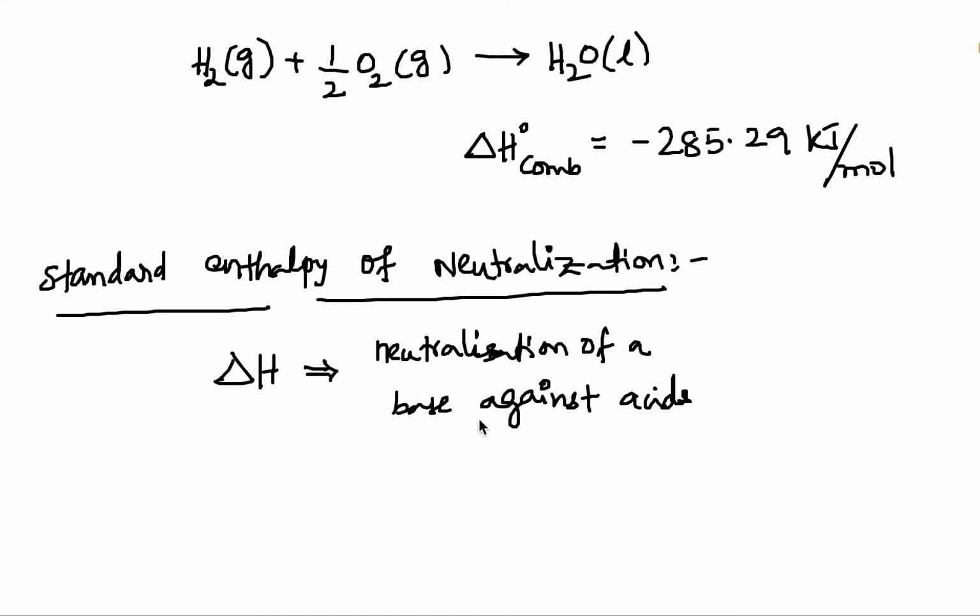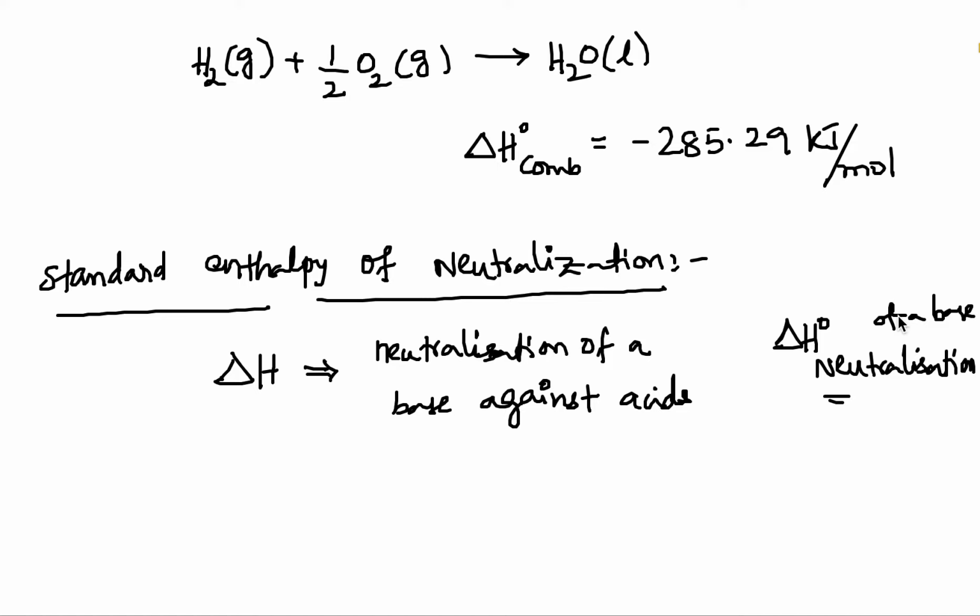And this is known as delta H naught neutralization of a base. And the same thing if we say with respect to the acid, we call it delta H naught, standard enthalpy of neutralization of an acid.